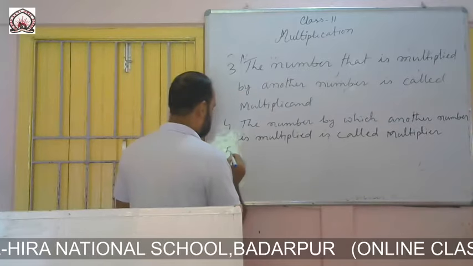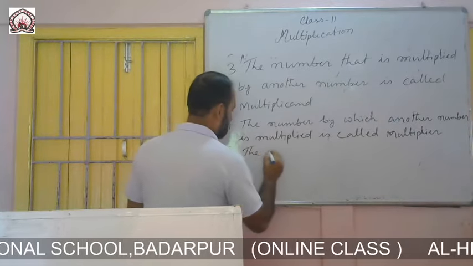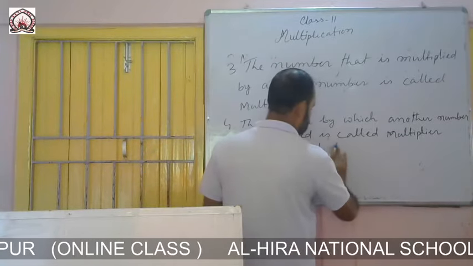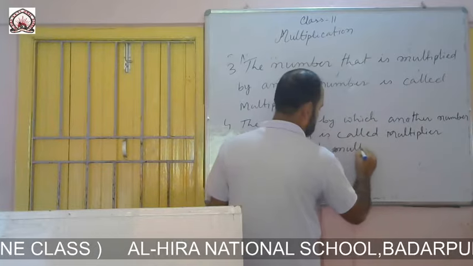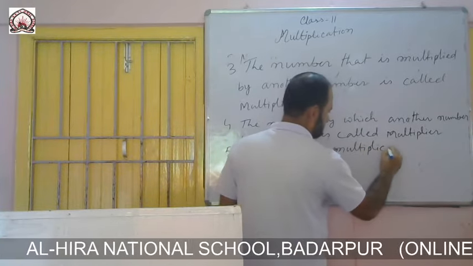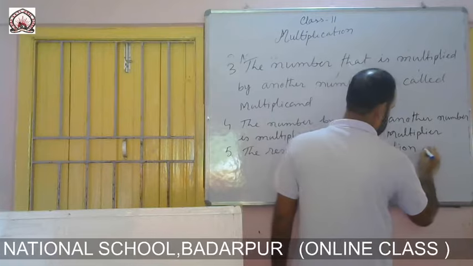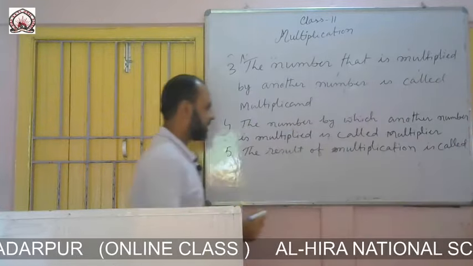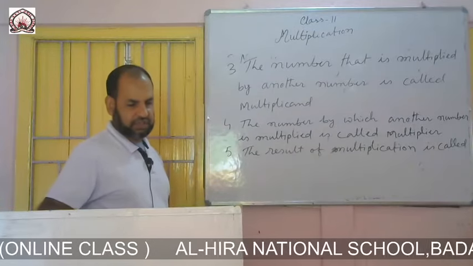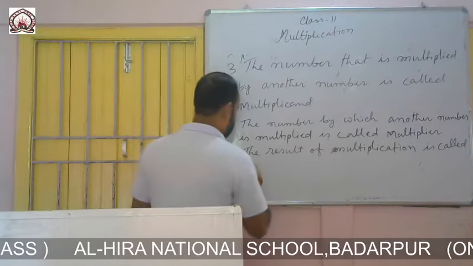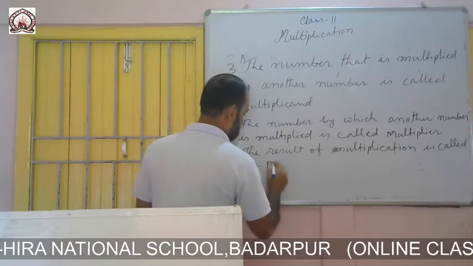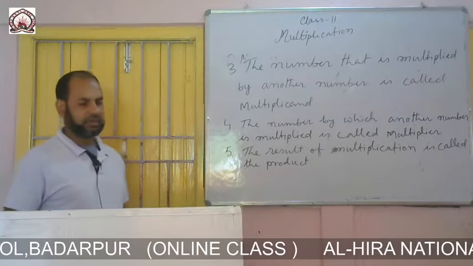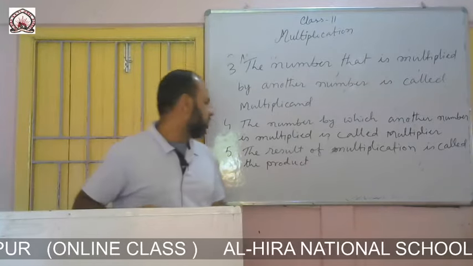Number 5. The result of multiplication is called the product.